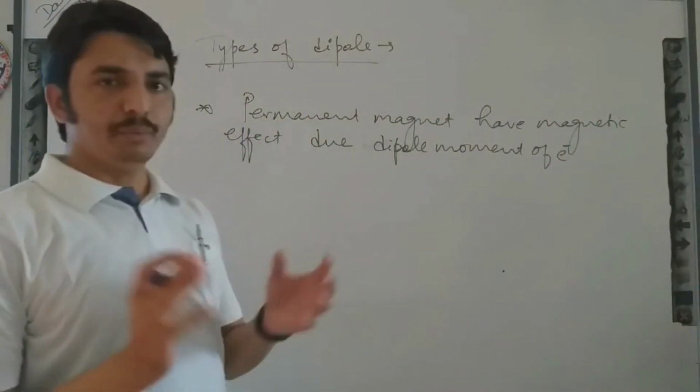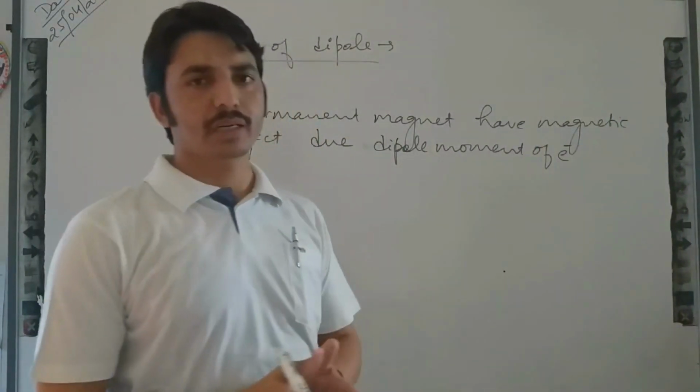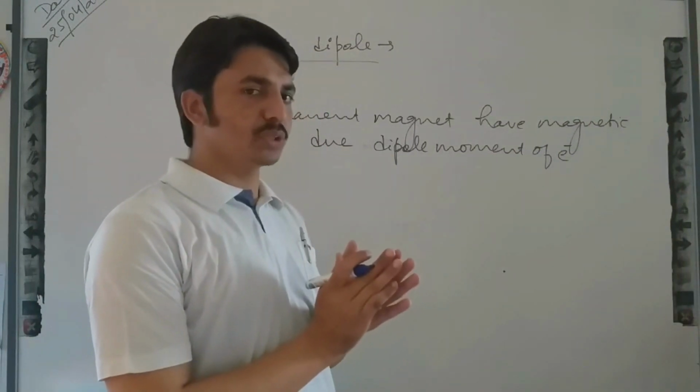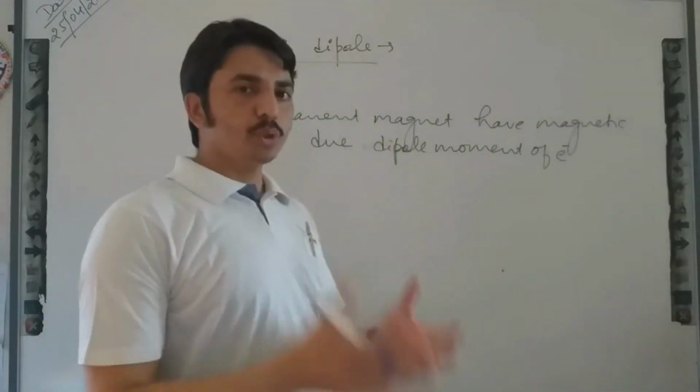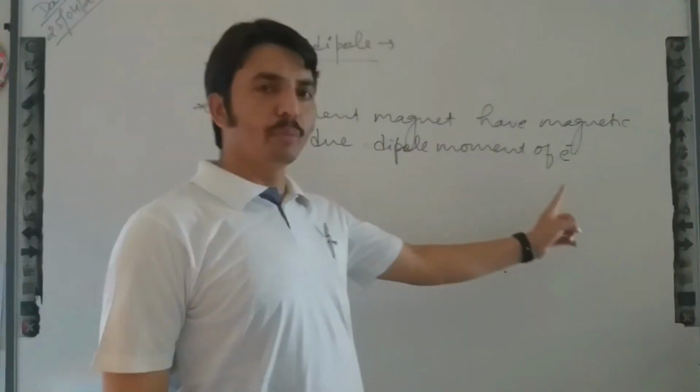Okay, so if we have a permanent magnet like a bar magnet, circular magnet, triangular, a number of shapes are available in the market, all are permanent magnets. If we are going to see, what is the cause of their magnetism? So the cause of their magnetism is the movement of electrons.